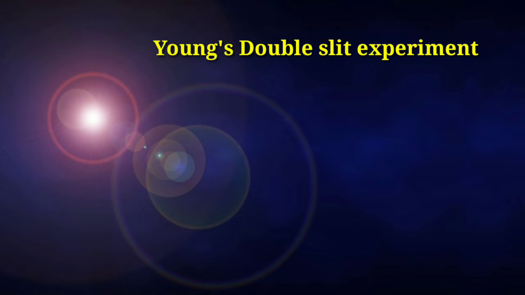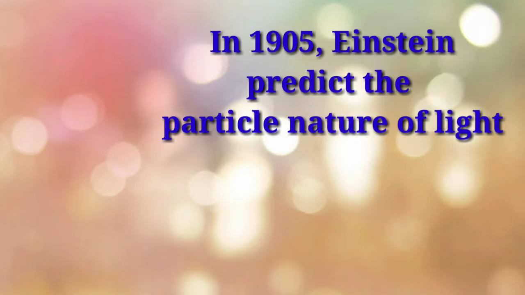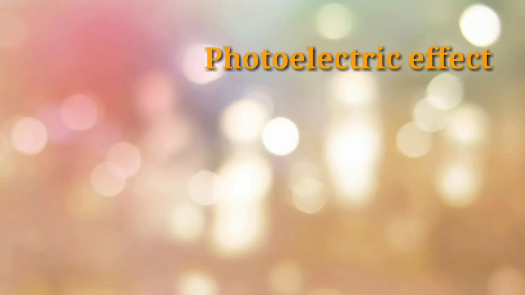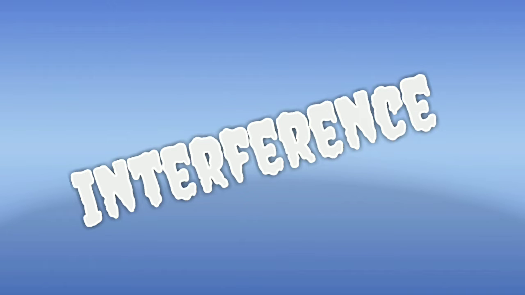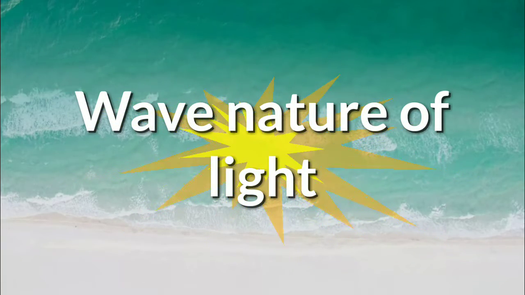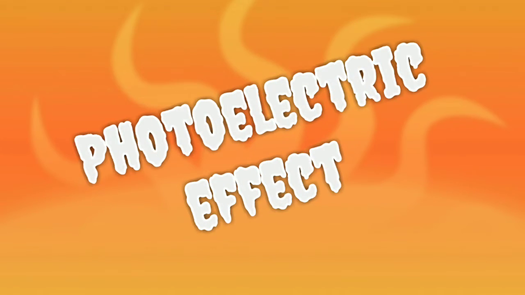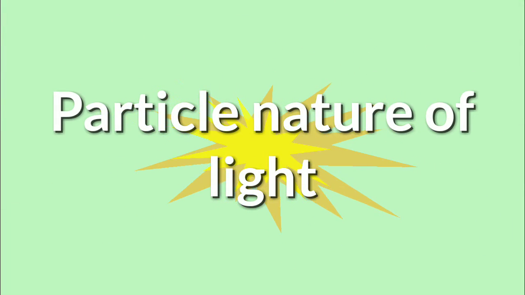At the same time, in 1905, Einstein confirmed the particle nature of light by explaining the photoelectric effect. Also, we know that we can explain interference, diffraction, and polarization if we consider the wave nature of light. We can explain the photoelectric effect, Raman effect, and Compton effect only when we consider light in the form of a particle.